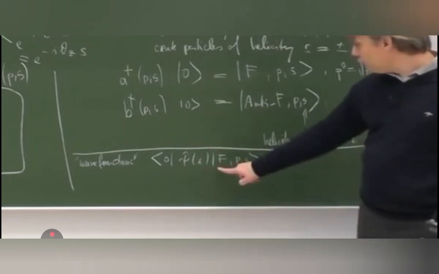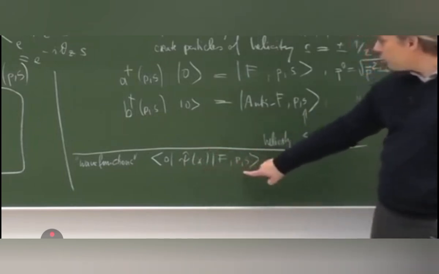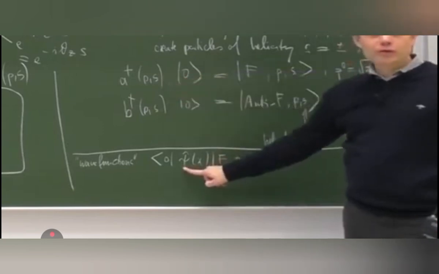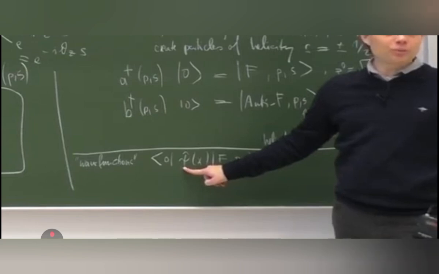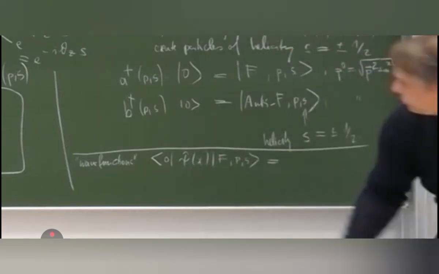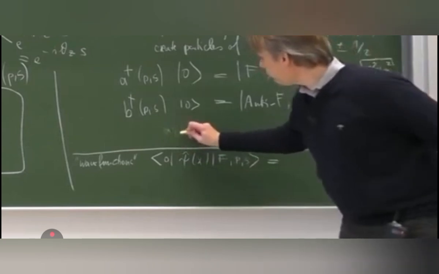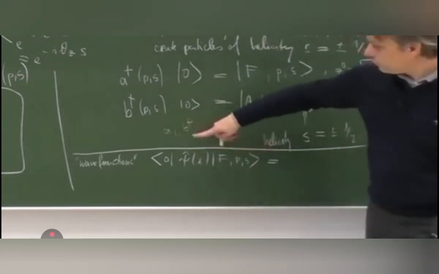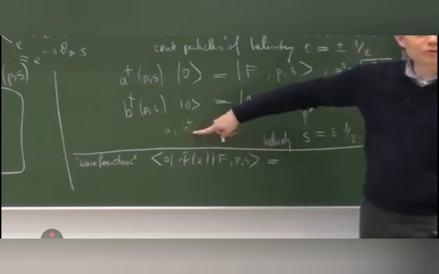So here we have acted on the vacuum with a dagger. The field contains a without dagger and b dagger. Which term contributes? Both or none or one of them?